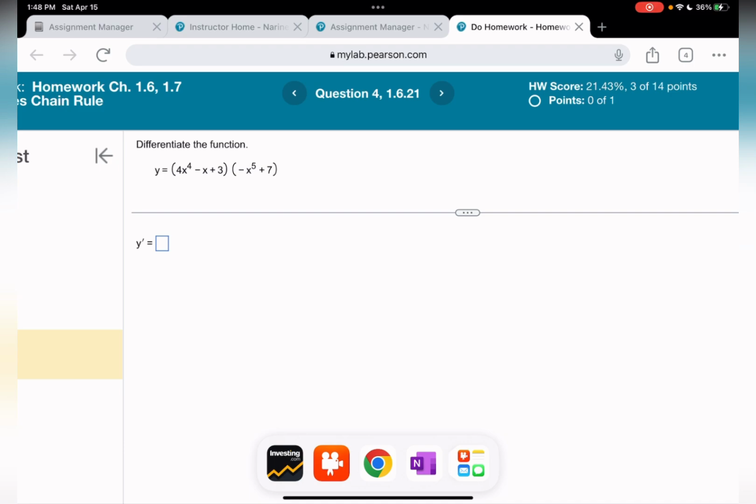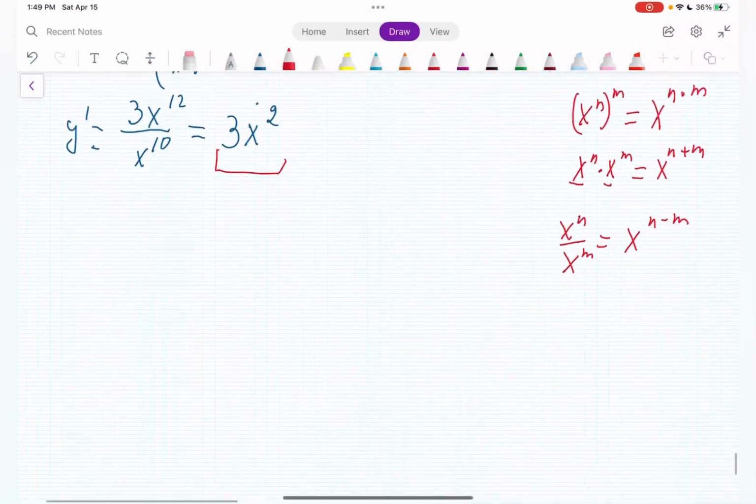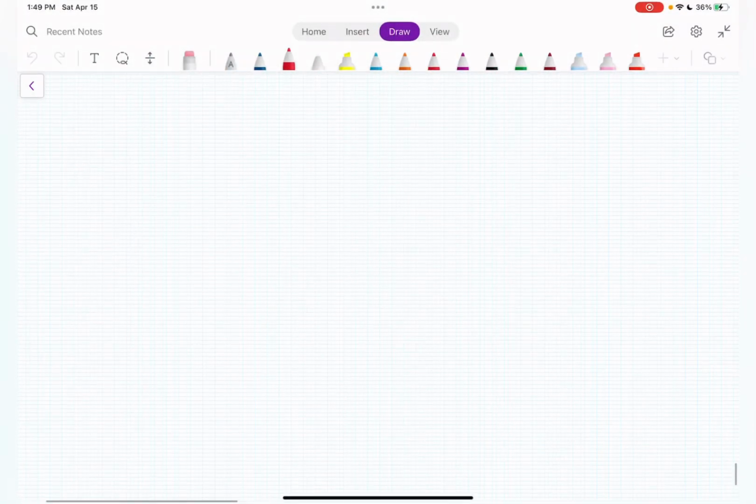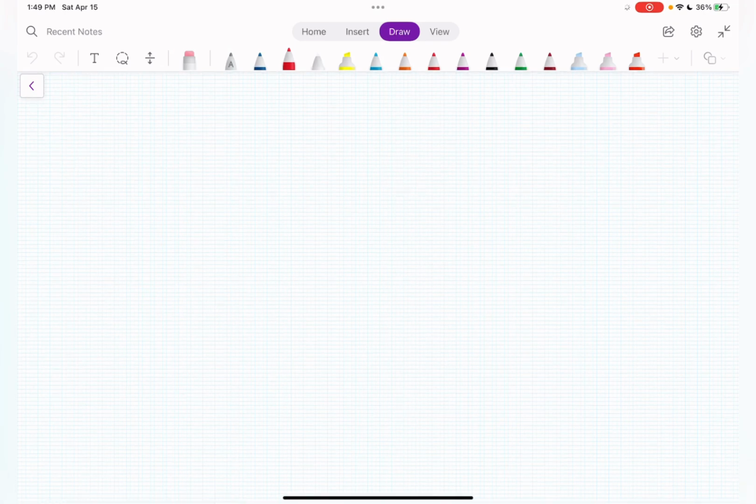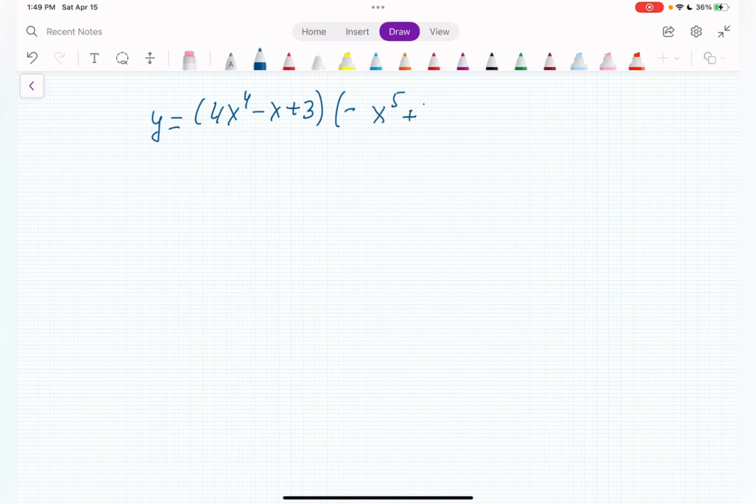We just solve here and then put every answer. So we have y equal to 4x to the 4 minus x plus 3, times negative x to the 5 plus 7.